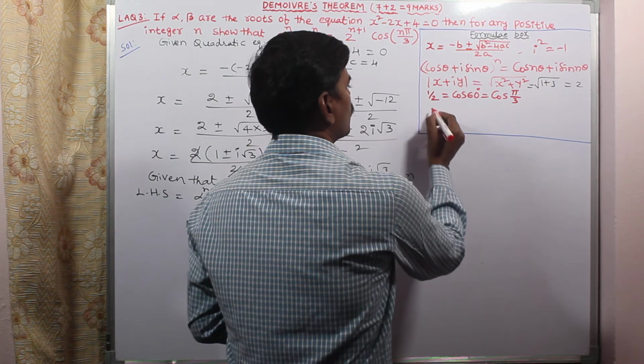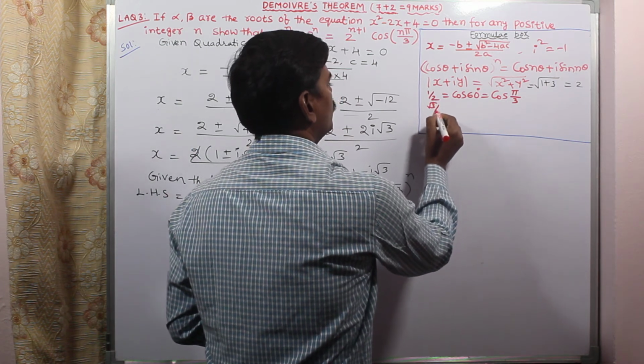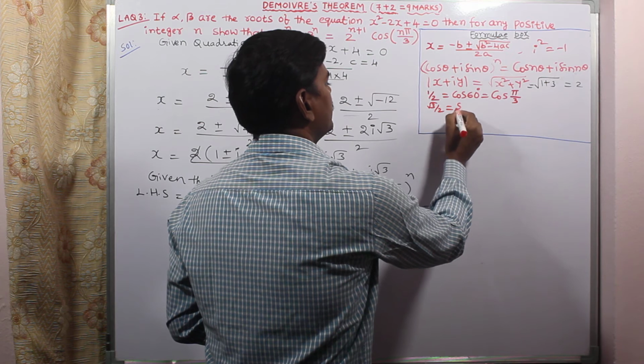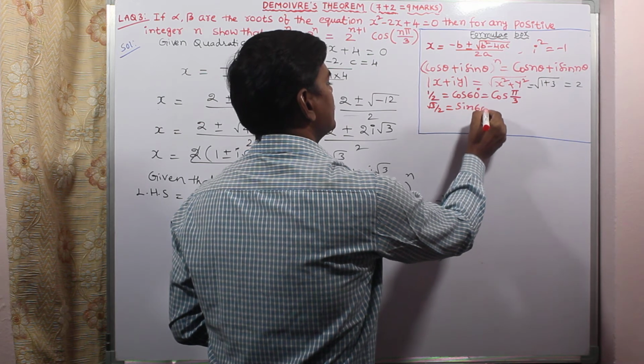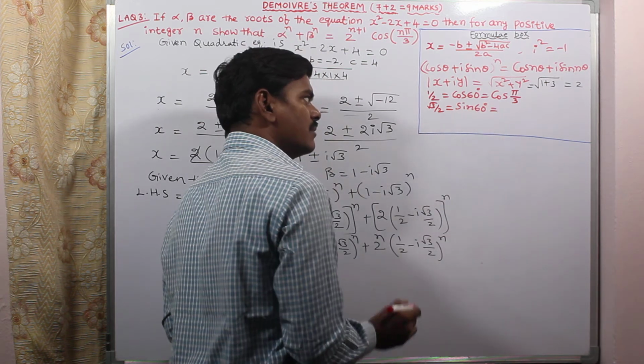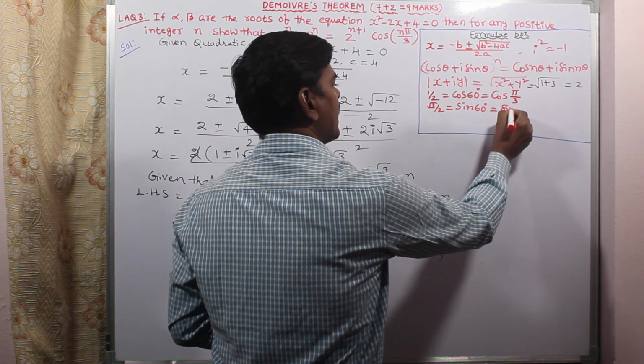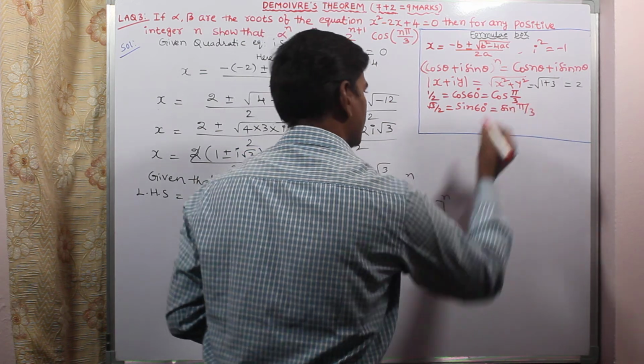Similarly, root 3 by 2 is sin 60 degrees, which is sin pi by 3.